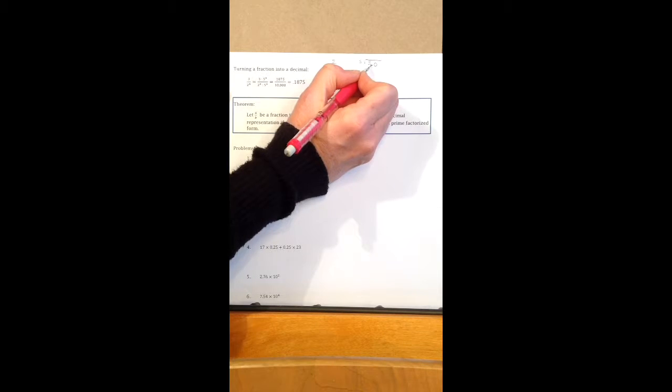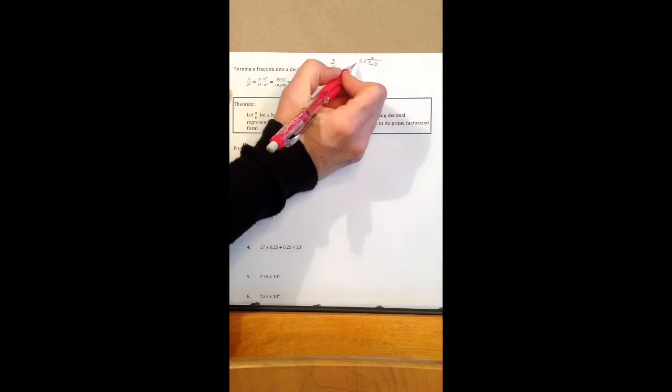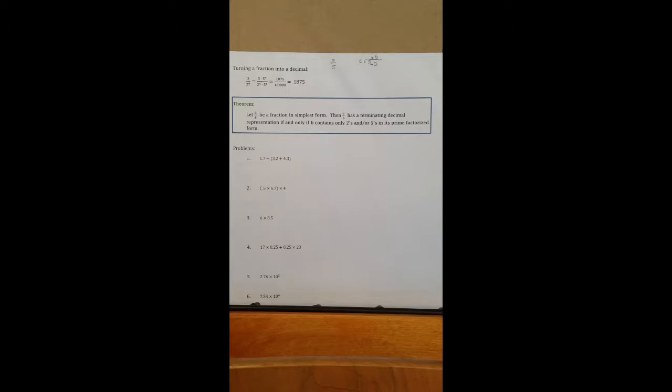So it's like dividing 5 into 30. But the decimal that you added to be able to divide the 5 in needs to go up here as a part of your dividend. And when you divide 5 into 30 and get 6, then you can say 5 divided into 3 is 0.6. So that's one way to think about turning a fraction into a decimal.